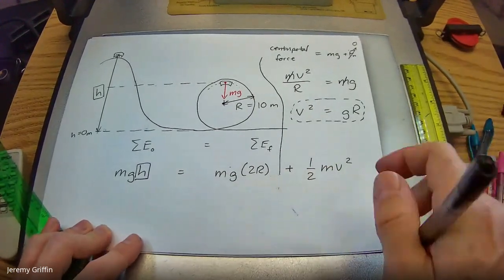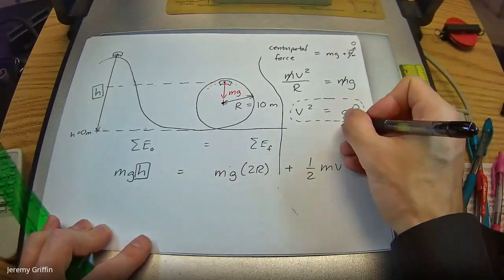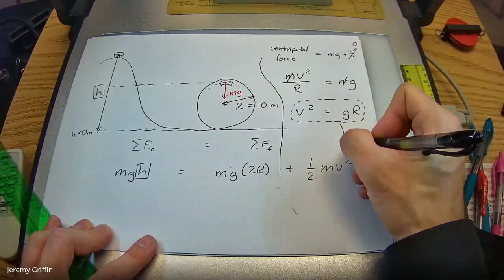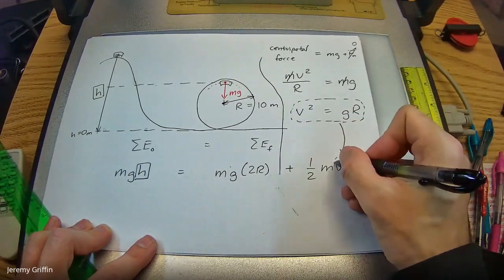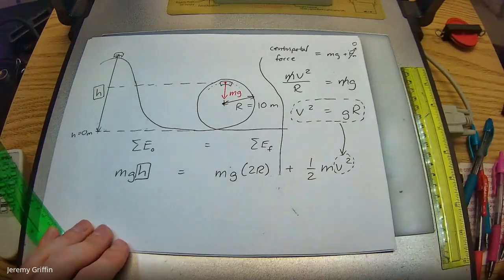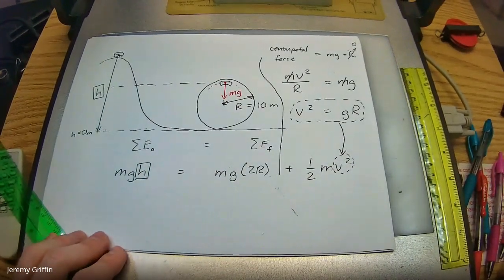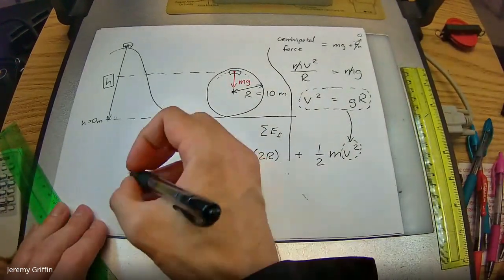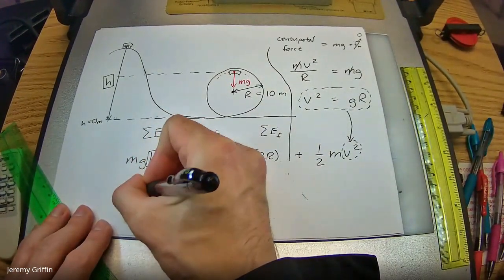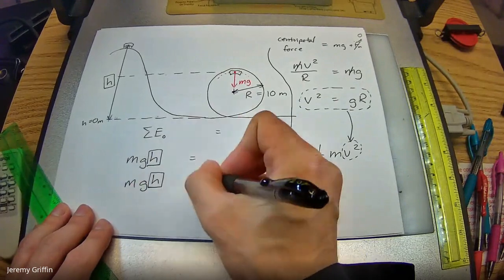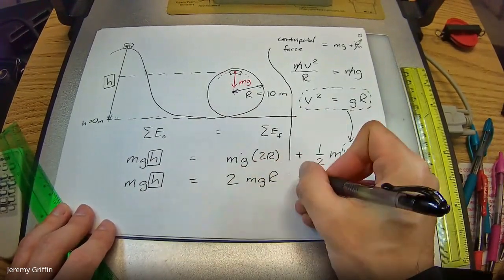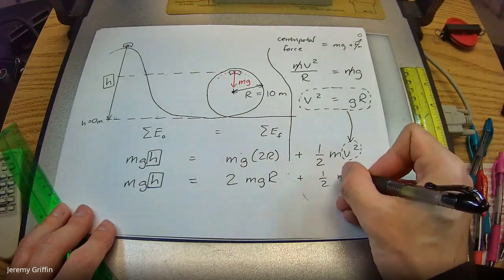And here's where that substitution comes in. So see that v squared equals gr. That's going to go right there. Is that okay? From all the centripetal force stuff from a couple weeks back. So mgh minimum goes to 2mgr plus 1/2 mgr.